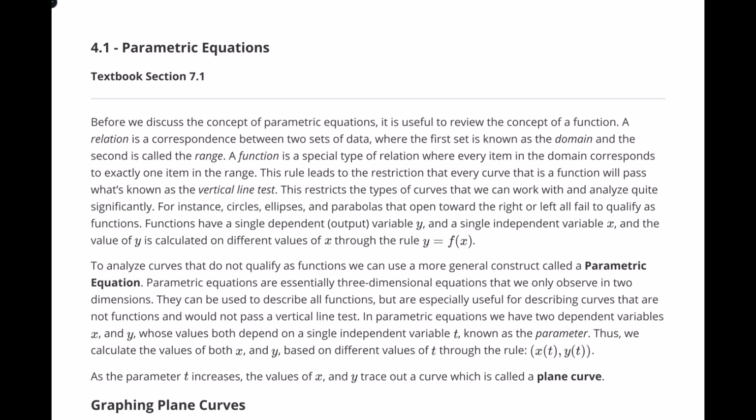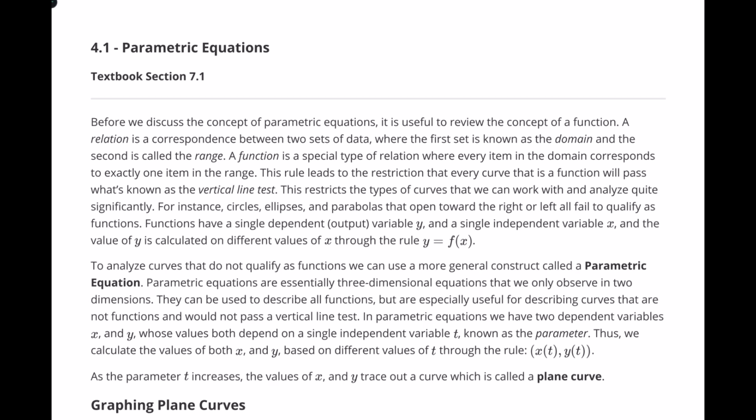So the parametric set of equations really are two different functions based off of a third variable, generally t. And we allow t to be different values, and then we have a function for x, and then we have a function for y. Each of the functions for x and y would pass a vertical line test separately, although the function for x might pass more like a horizontal line test.